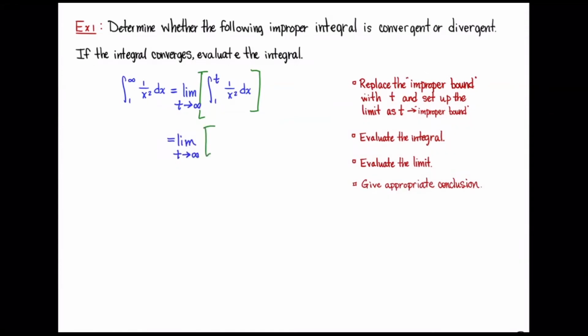Inside of our brackets, the integral of 1 over x squared, we can think of that as x to the negative 2. And using our power rule, this becomes negative 1 over x. And we're evaluating that from 1 to t.